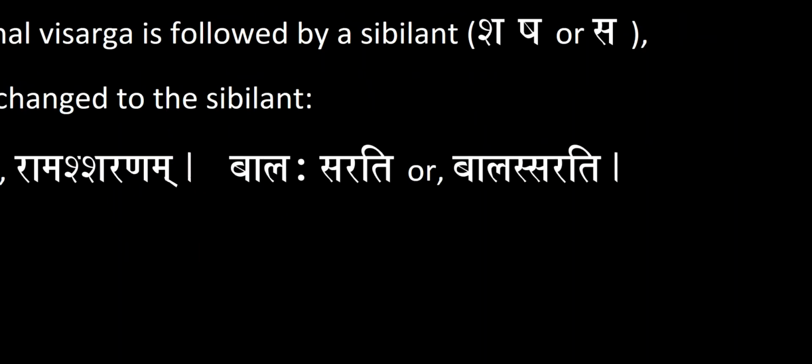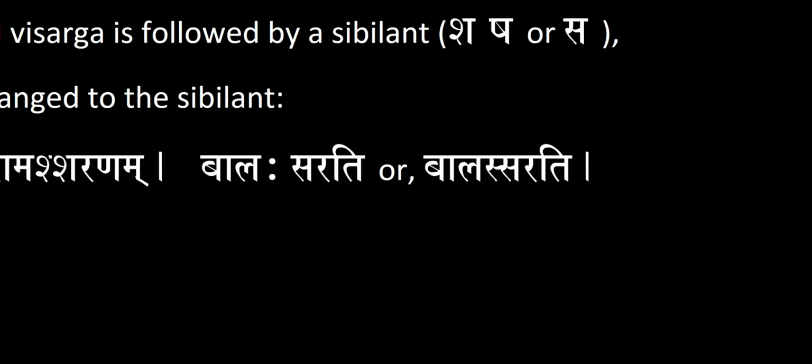Here's another example. We have balaḥ sarati, or you can have balas sarati. Notice that this visarga is becoming a half sa, and it joins itself to this other sa over here.